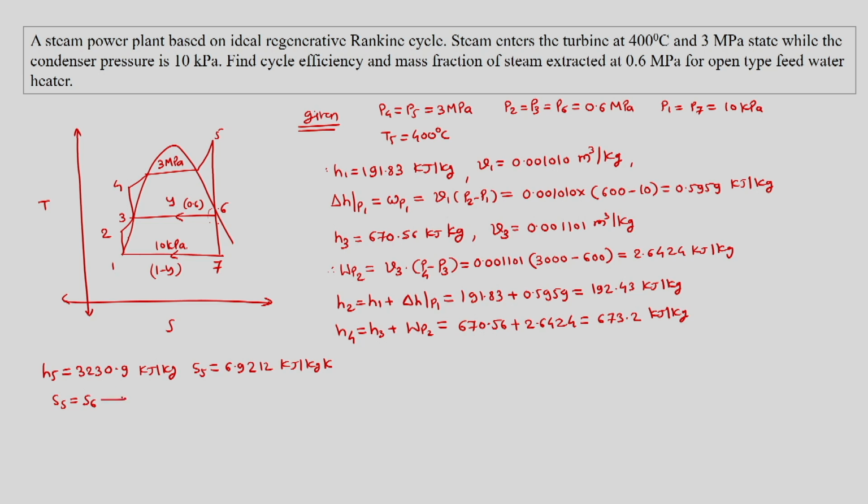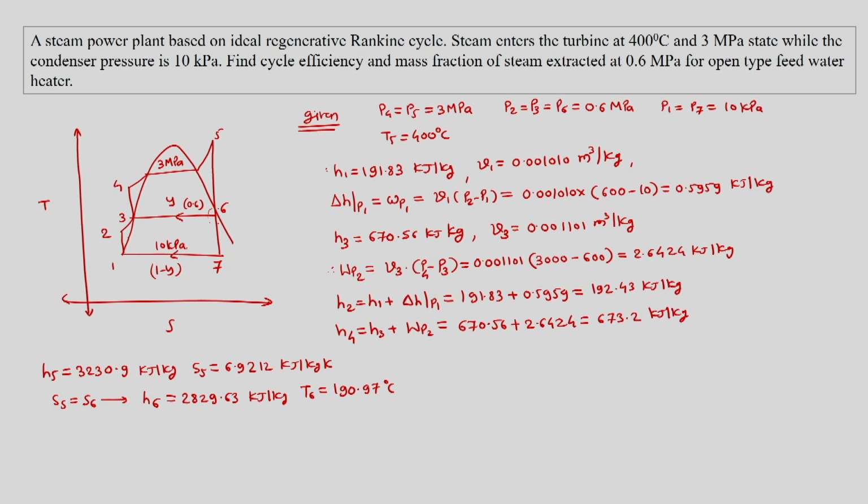So, we can get H6 from here, and H6 turns out to be 2829.63 kilojoule per kg. So, for this T6 is 190.97 degrees Celsius.